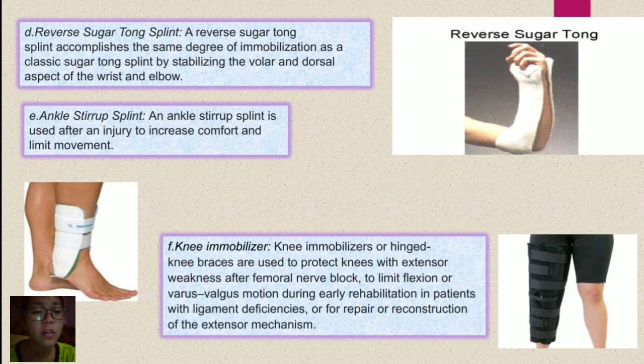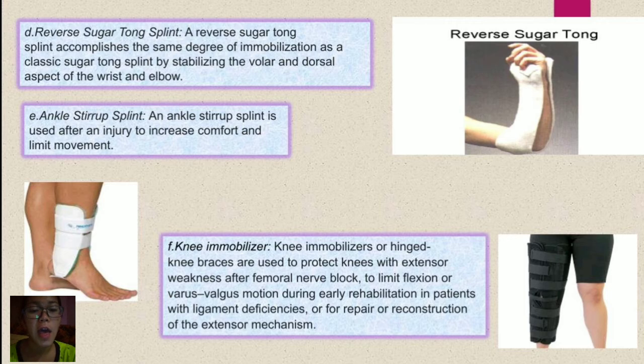For additional control and stability, a posterior slab can be added to the splint. This can be either fiberglass or plaster over abundant padding held in place with an elastic bandage or bias cut elastic bandage.